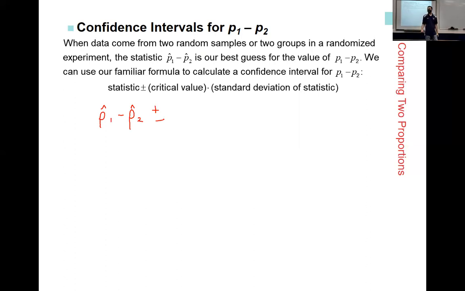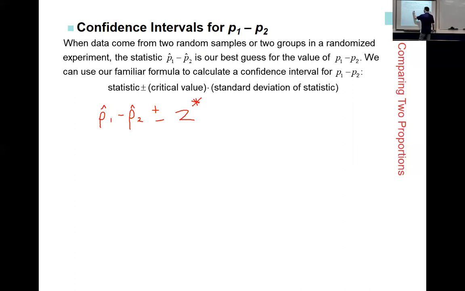What's the critical value going to be? Well, since we're using proportions, then our critical value is going to be a z-score. And we're going to get the z-score for our confidence interval the same way we did 2 chapters ago. And then the standard deviation of the statistics, since we're using 2 proportions, we'd look on our formula sheet and look for the 2 proportion part of the formula sheet.